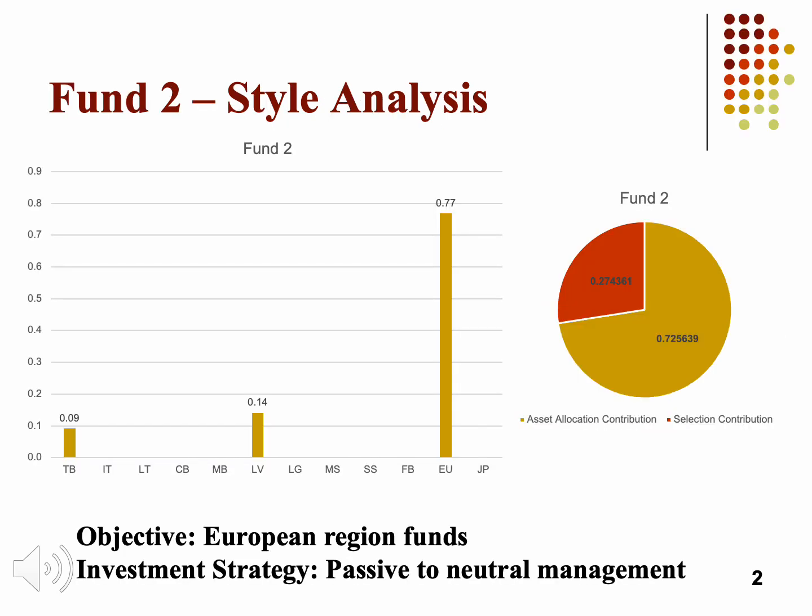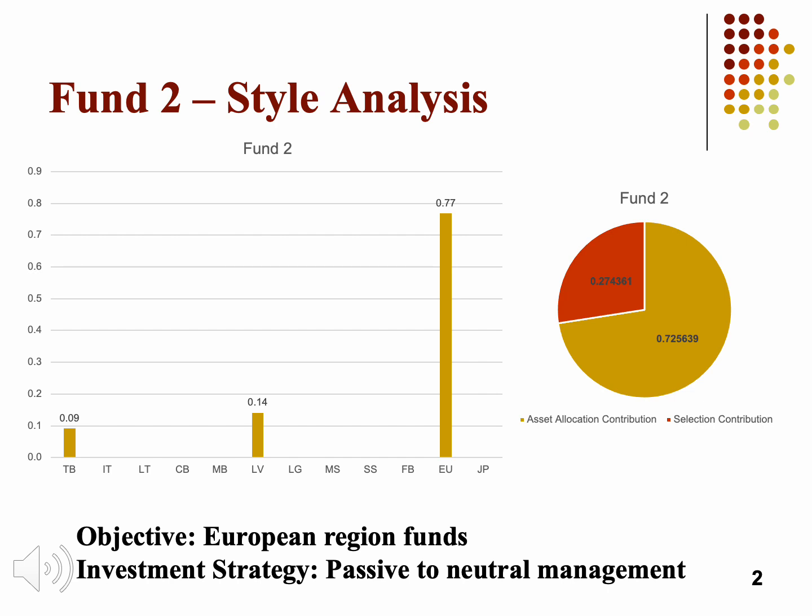Fund 2 style analysis shows us that the objective the investor is holding is to invest in the European region fund, and the investment strategy he is following is passive management. As passive management funds do not require much attention, they are majorly focused on matching the benchmark of the fund.